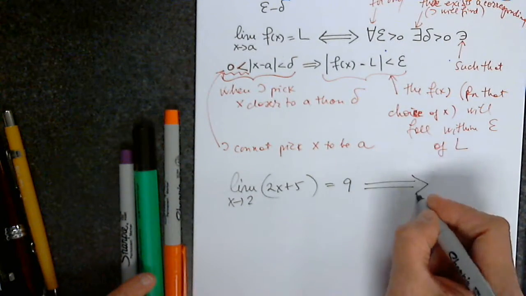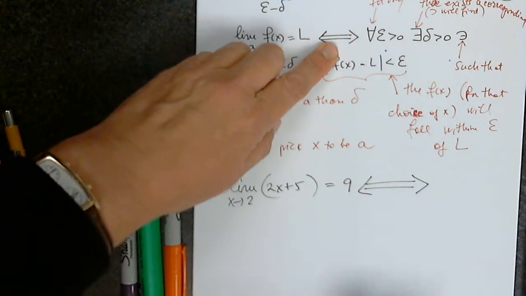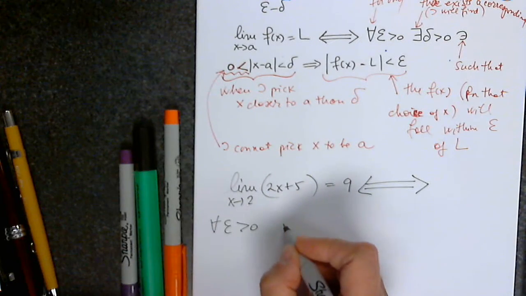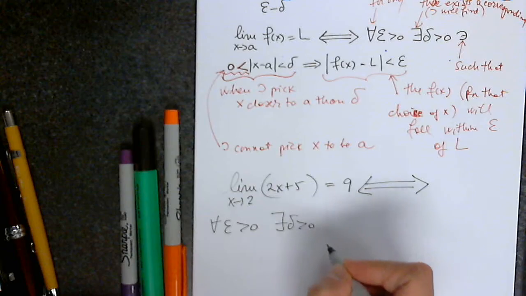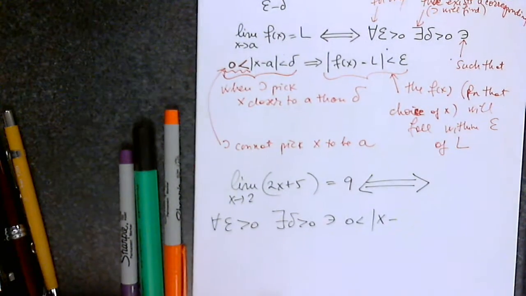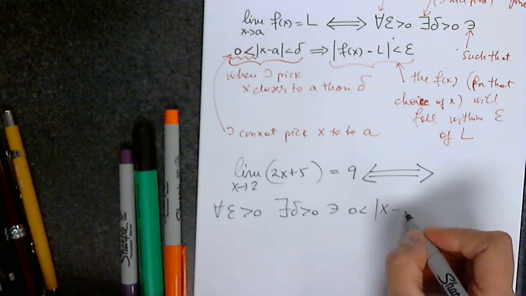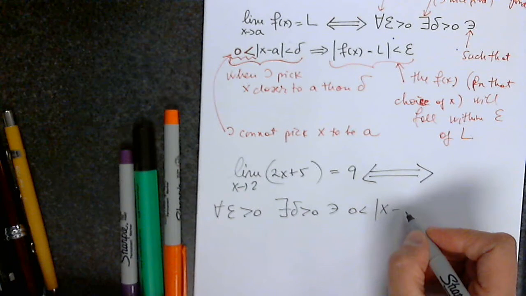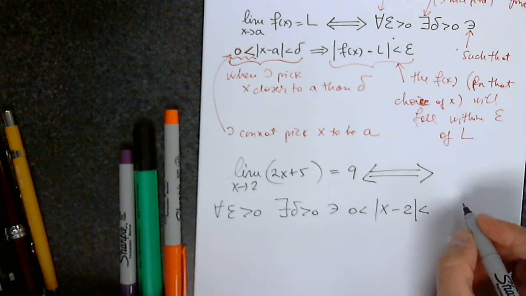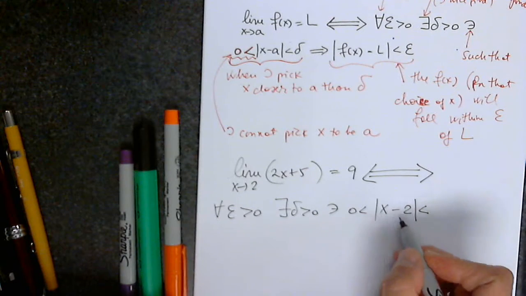This is equivalent to, for every epsilon positive, I will find delta positive such that |x minus a|, sorry, very good, less than. How close is x to 2?